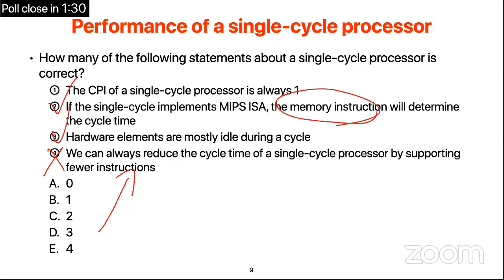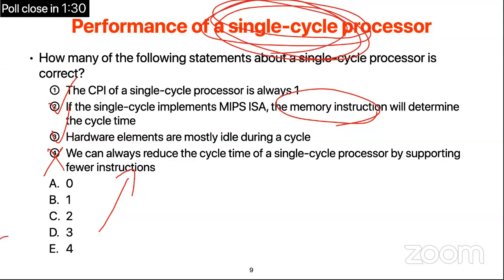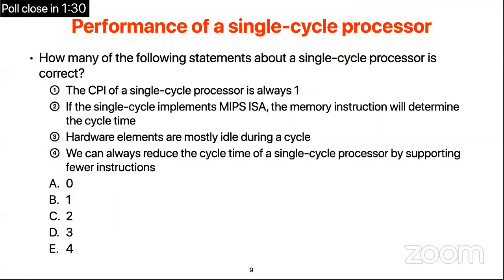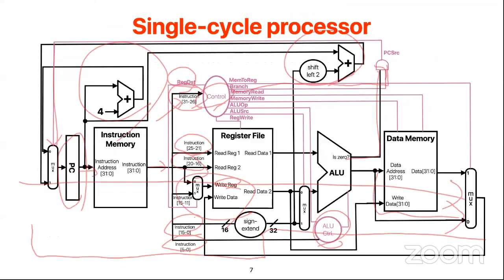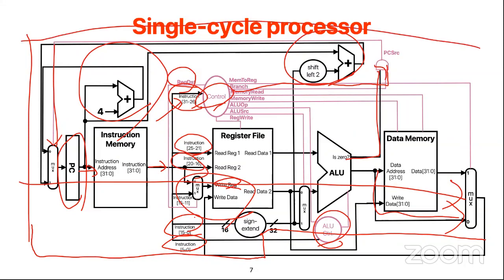But wouldn't the memory instruction be independent of? So this is a single cycle processor, and as I said, the definition of a single cycle processor is that we get everything done within a cycle.